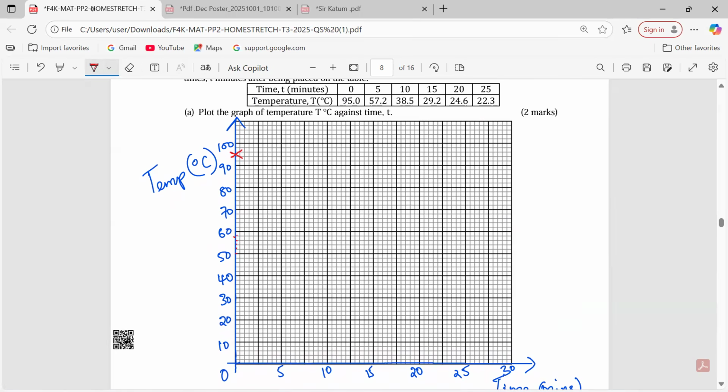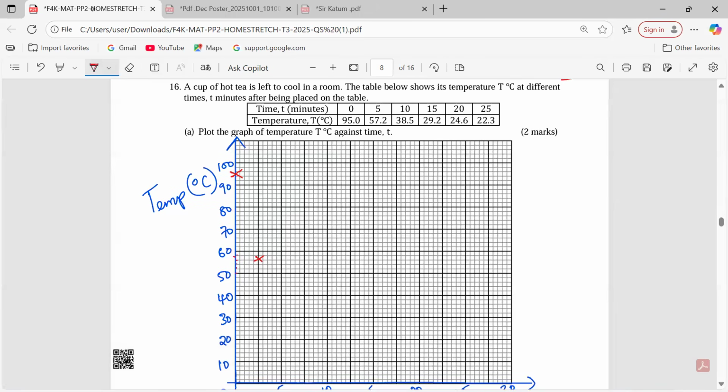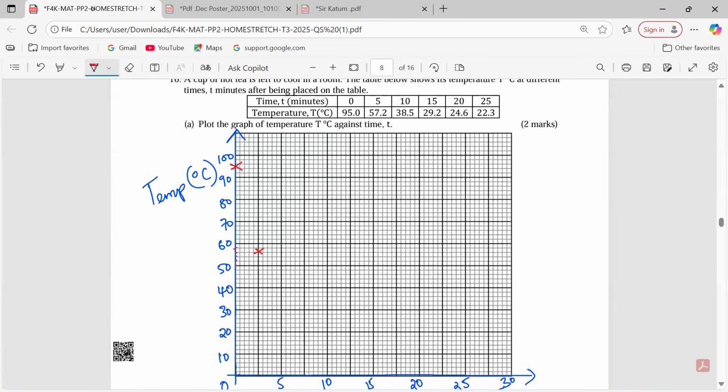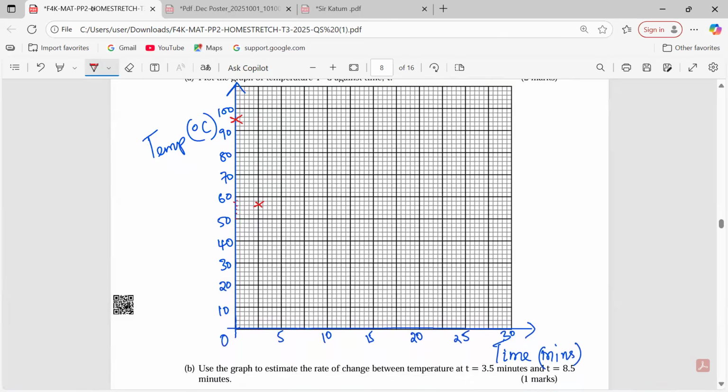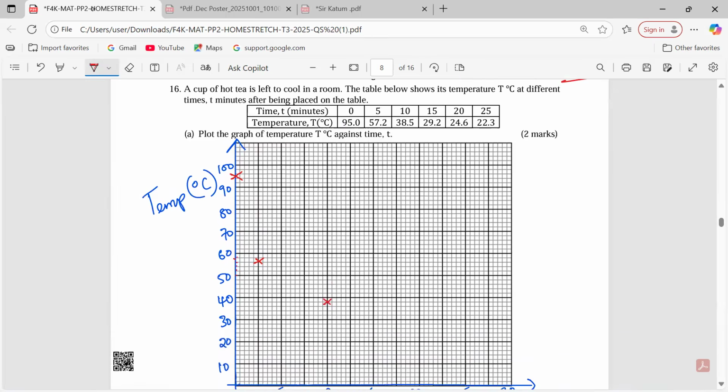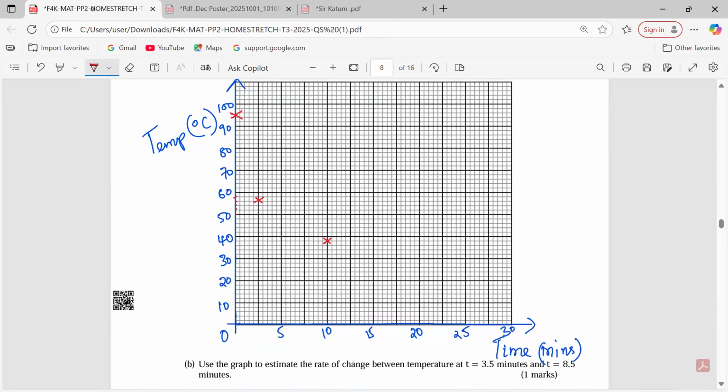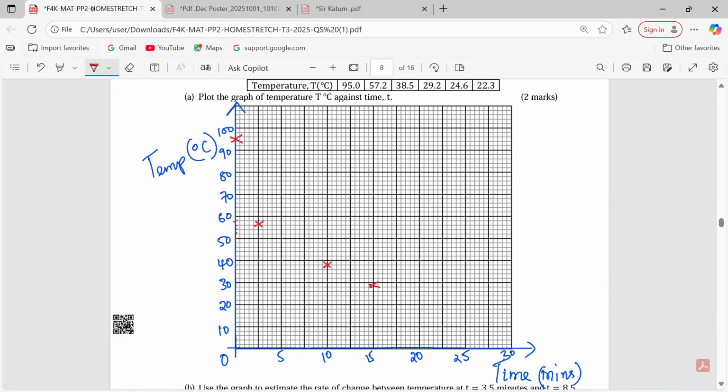So just before that, we'll have our coordinate there. At 10, 38.5. So we can talk about 38, just below 40. At 15, 29.2, just below 30.